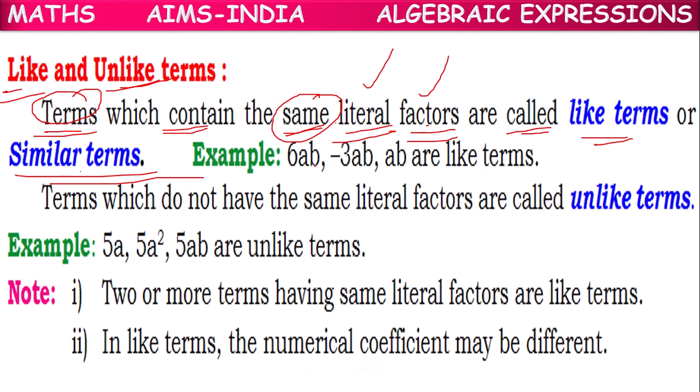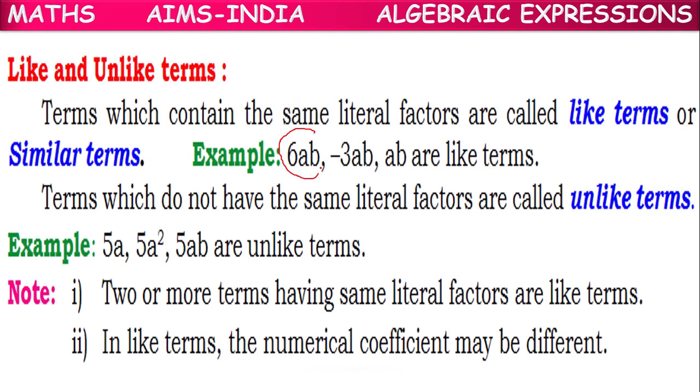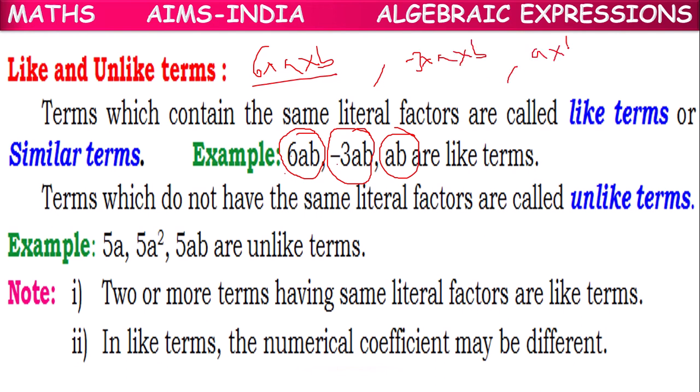For example, we have some terms here. One is 6ab, another one is minus 3ab, another one is ab. Written as factors, 6ab can be written as 6 into a into b, minus 3ab as minus 3 into a into b, and ab as a into b.